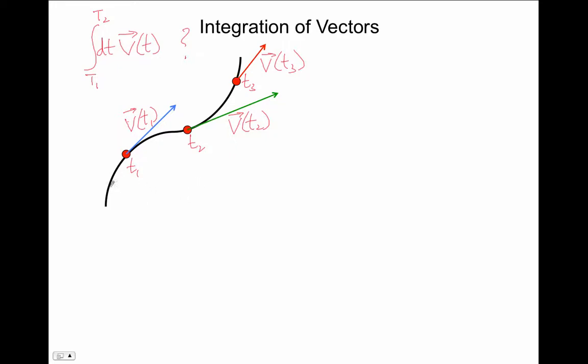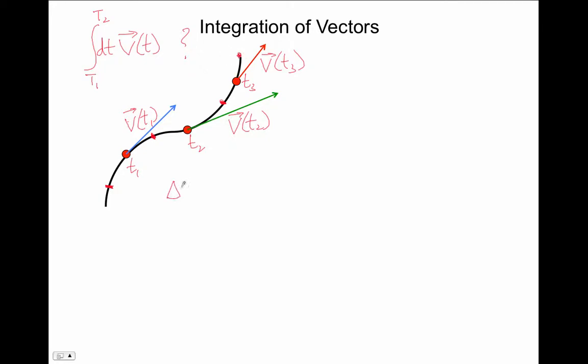Now, let's say that it took time delta t1 to go from here till here, delta t2 time to go from here till here, and then delta t3 time to go from here till here.